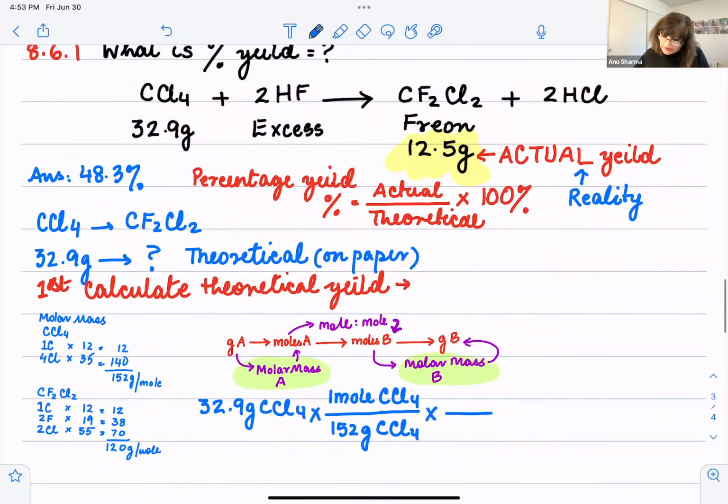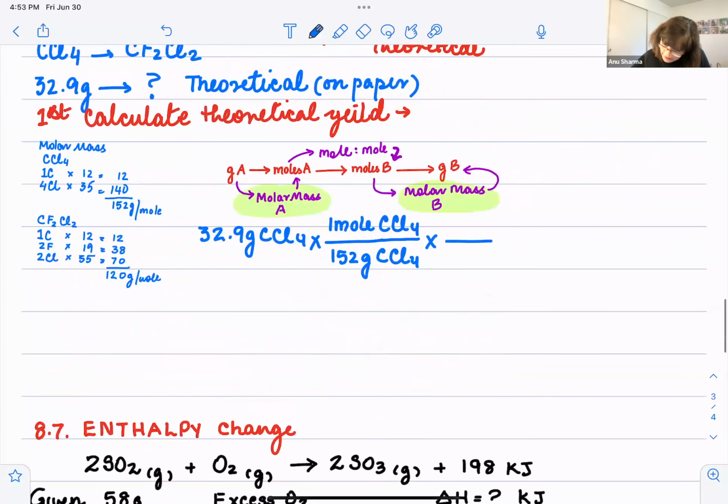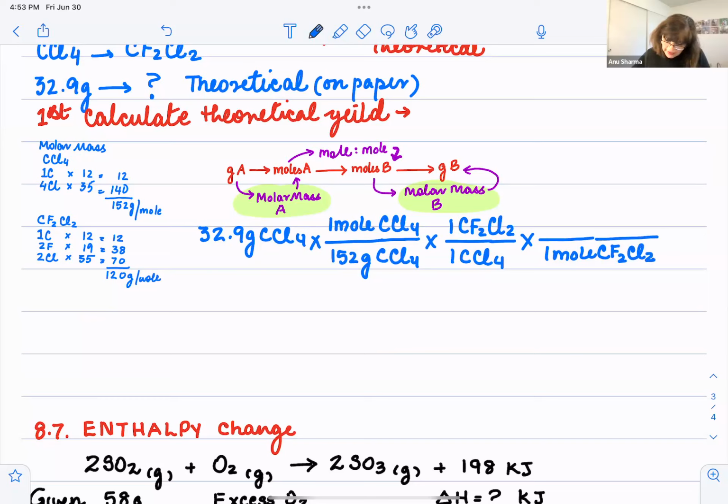This one is 1:1 only. So 1 mole of CF2Cl2 is produced when 1 mole of carbon tetrachloride reacts, and that is 120 grams. That's the molar mass of CF2Cl2.